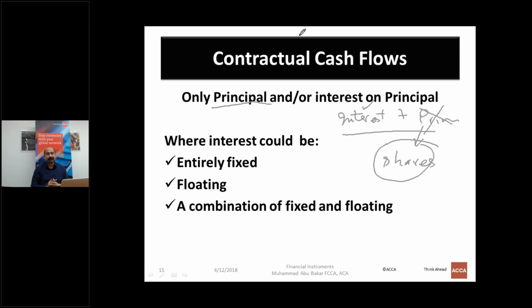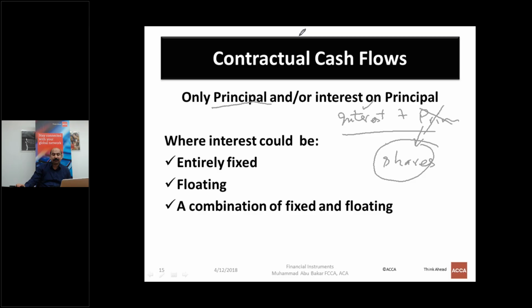See, the requirement of IFRS 9 to assess the contractual cash flow characteristics of a financial asset is based on the concept that only instruments with contractual cash flows of principal and interest on principal may qualify for amortized cost measurement.